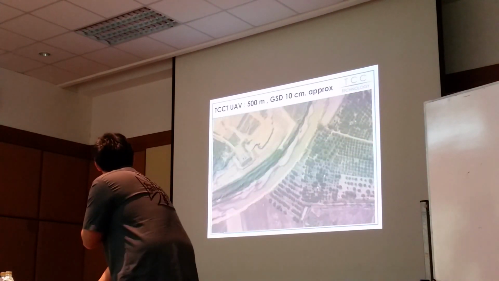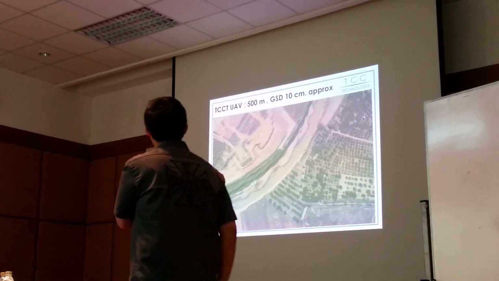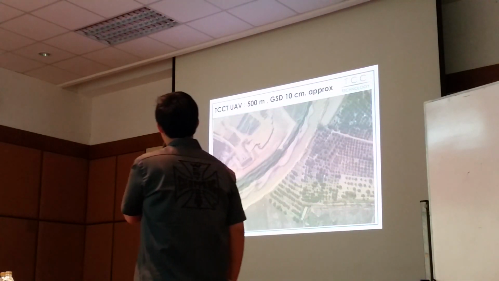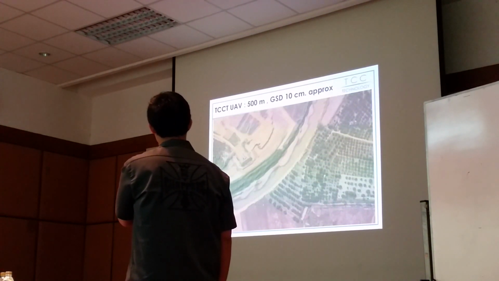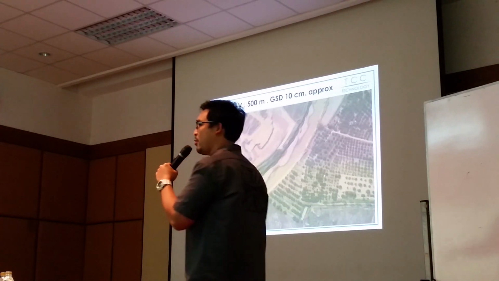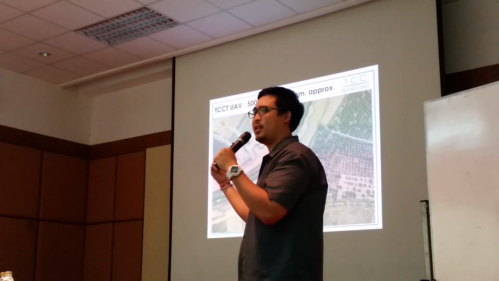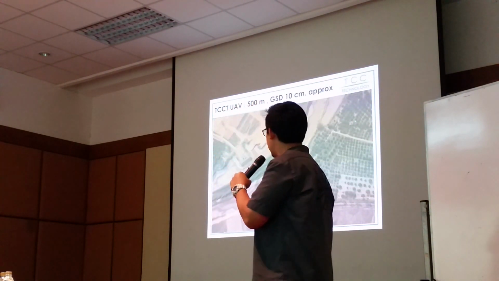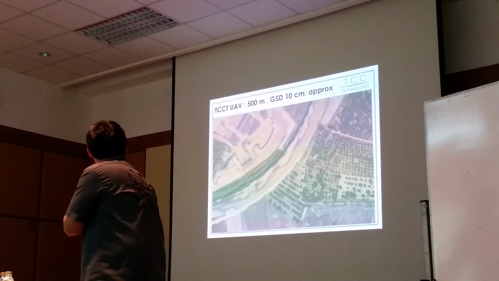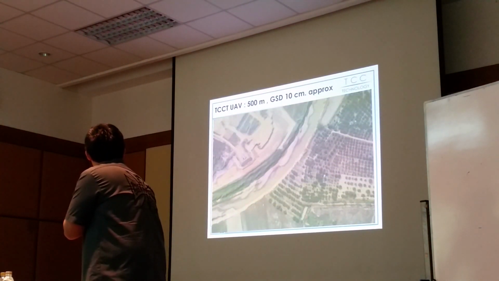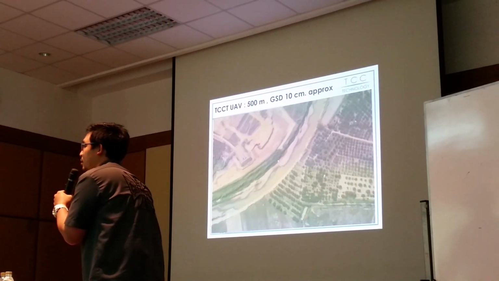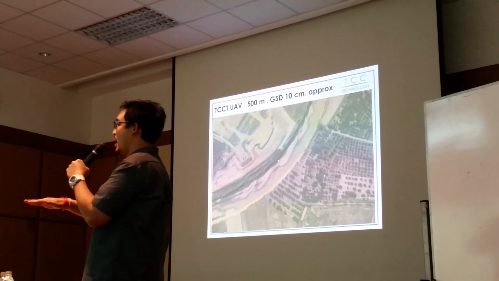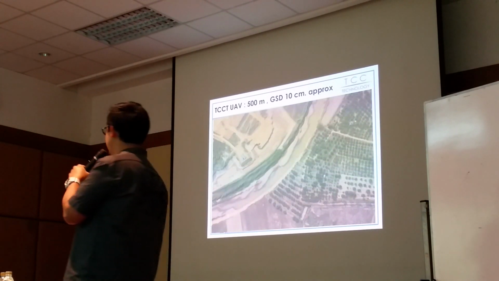And this one is an agricultural area, flown at about 500 meters. GSD is 10 centimeters. Can you imagine what we can see in these images? Over here is like a construction, right? Over here is agriculture, and this one is a river. At least we can estimate the level of the river, right?